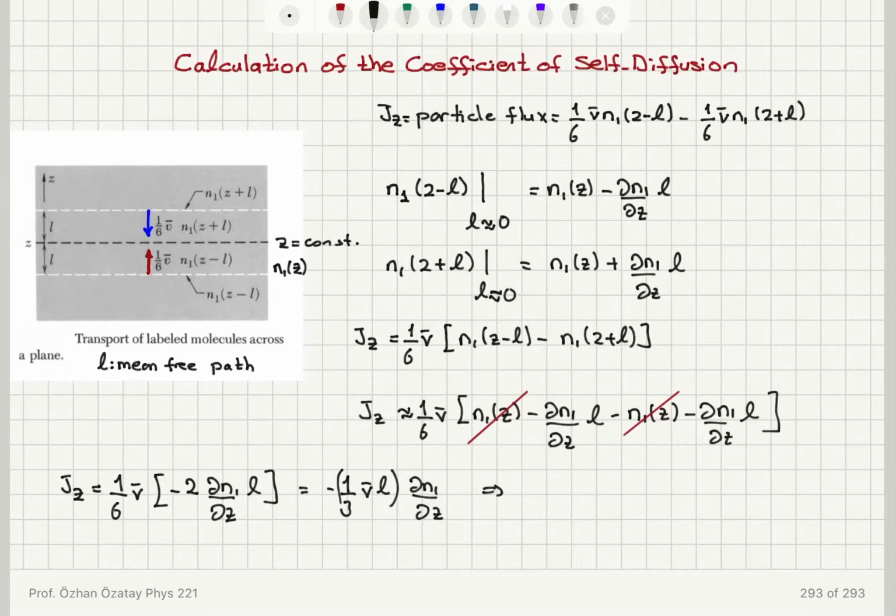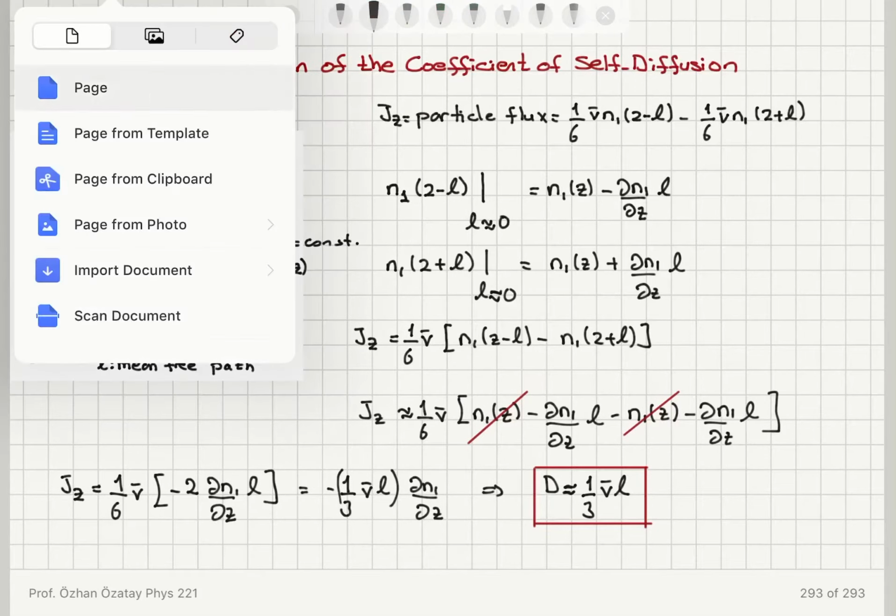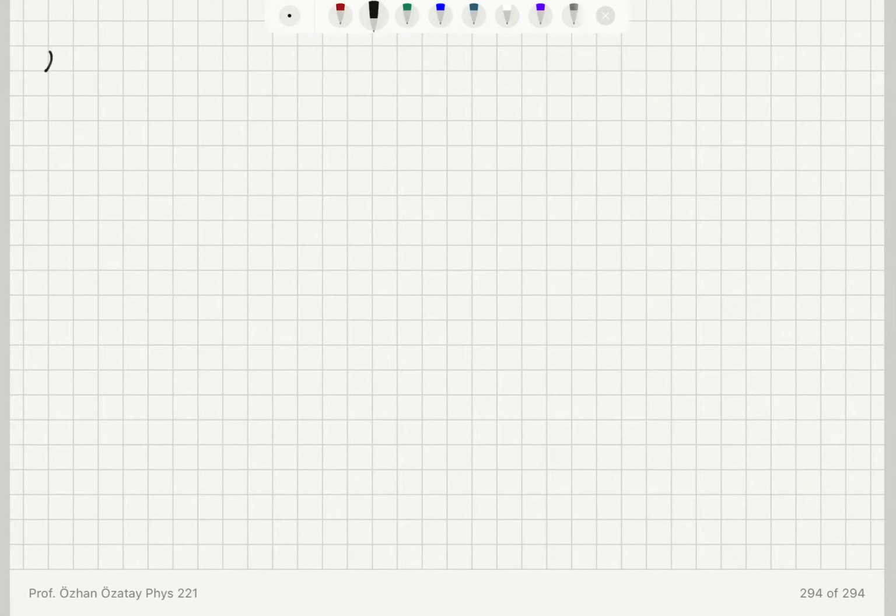So this tells us that the coefficient of self-diffusion can be estimated to be 1 over 3 V bar, mean speed per particle, times L, the mean free path. Now we can substitute for L the mean free path, 1 over square root 2 times the number density n, the total number of particles per volume, times sigma.